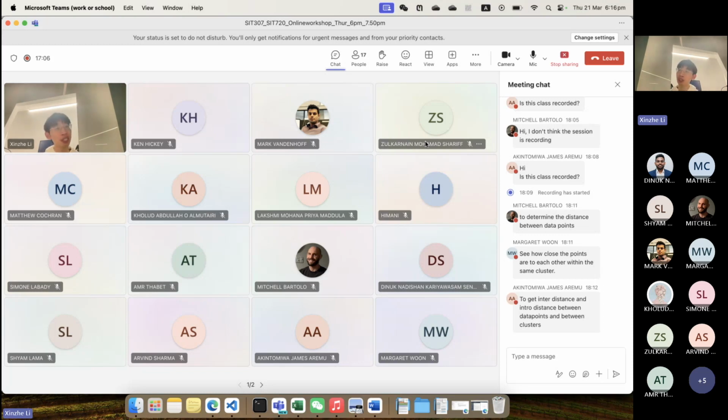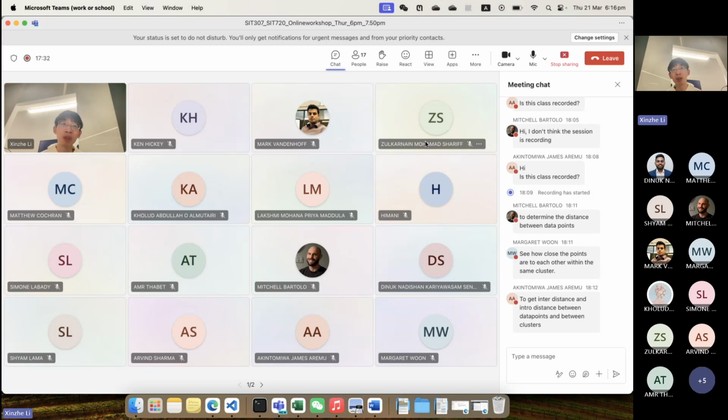One step is to initialize the centroids. Another step is to assign the different data points to these initialized centroids. Then, according to this assignment, you update the centroids. So three steps: initialization, assignment, and update. So how close are the points to each other within the same clusters?